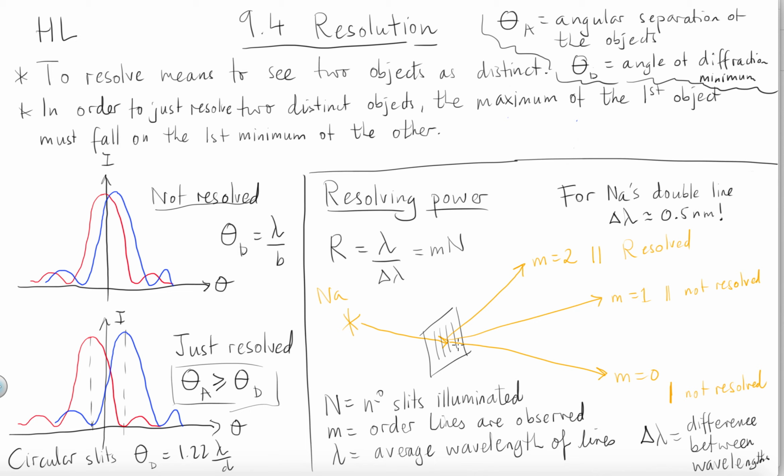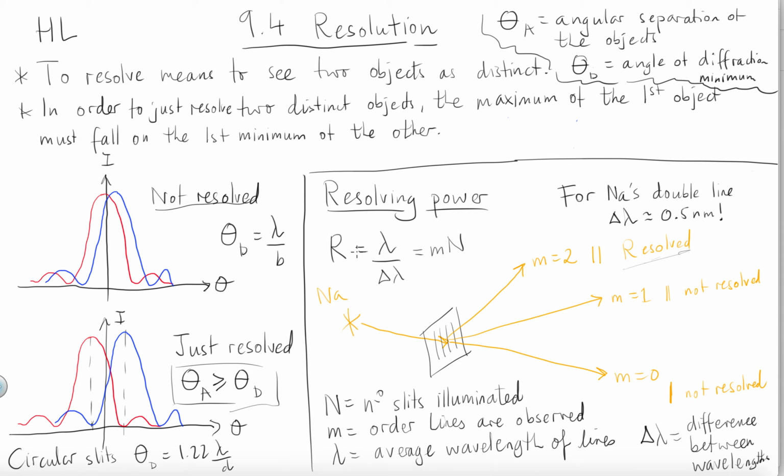A lot of the light gets passed straight through, and that's the central maximum. We won't resolve the two lines. But as we move away from the central maximum, at the first order, we might not resolve the two lines, but maybe in the second order, at m equals 2, we see the two lines of sodium maybe as being resolved. In that case, we have been able to resolve the two lines.